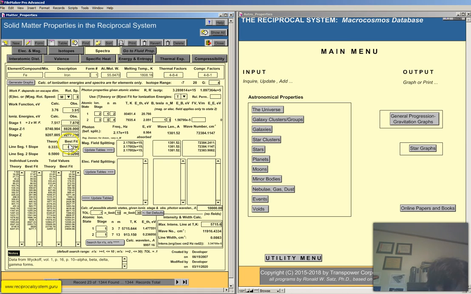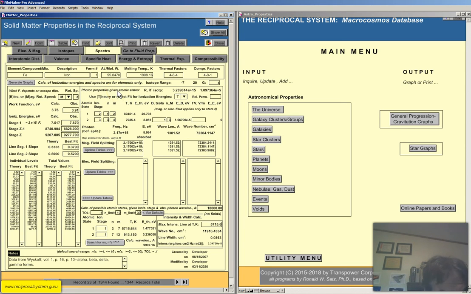So this is the theory, and that's the best fit to the observed values. Same thing with the second slope. Then here we have the individual levels of the ionization energy at each stage, theory and then the best fit to the observed data. And here are the total values, which sum everything before. You can see it's a pretty close fit, not exact, but very close.